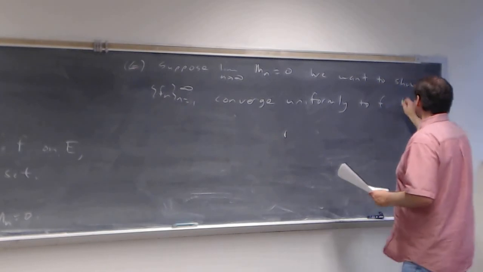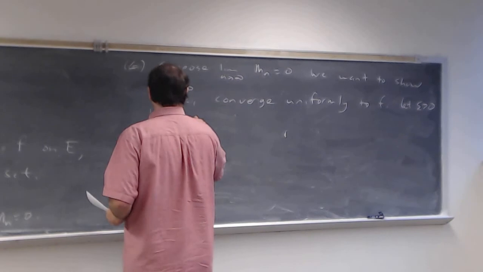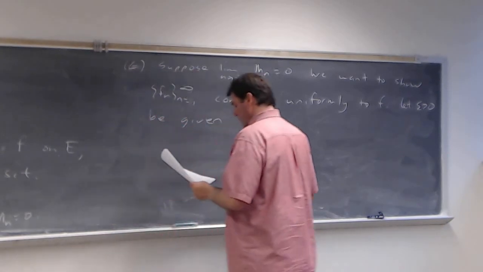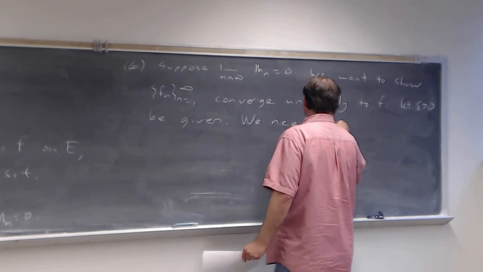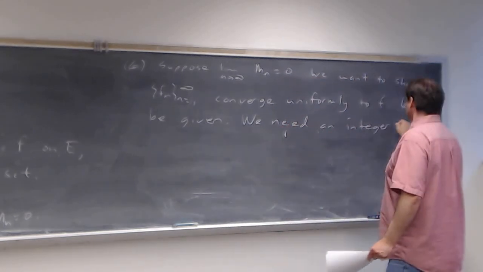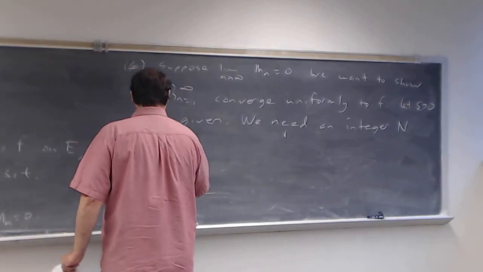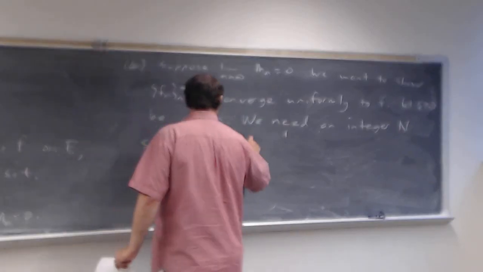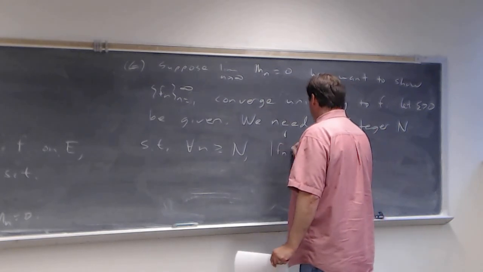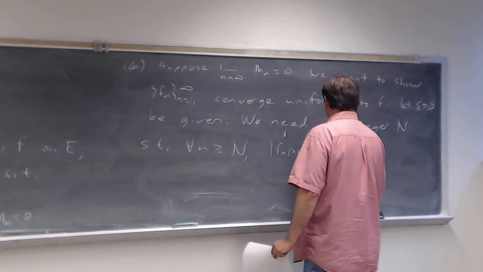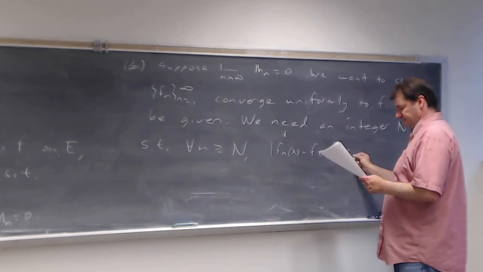Okay. Well, we let epsilon be greater than 0 be given. So what are we looking for? We need an integer big N such that for all n bigger than or equal to this big N, the norm of f sub n of x minus f of x will be less than epsilon.